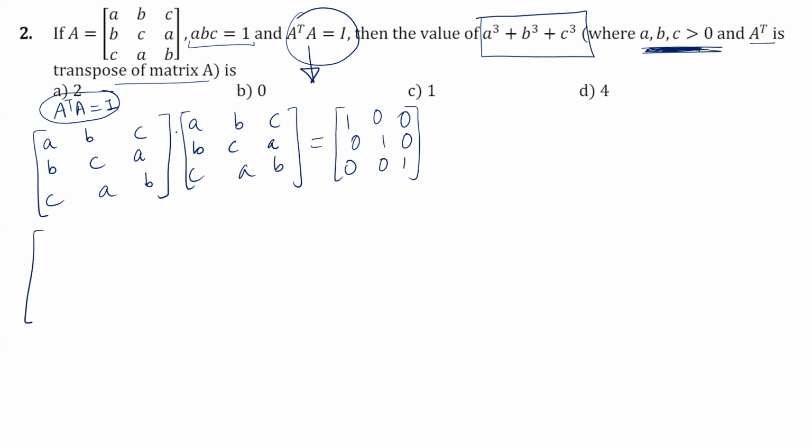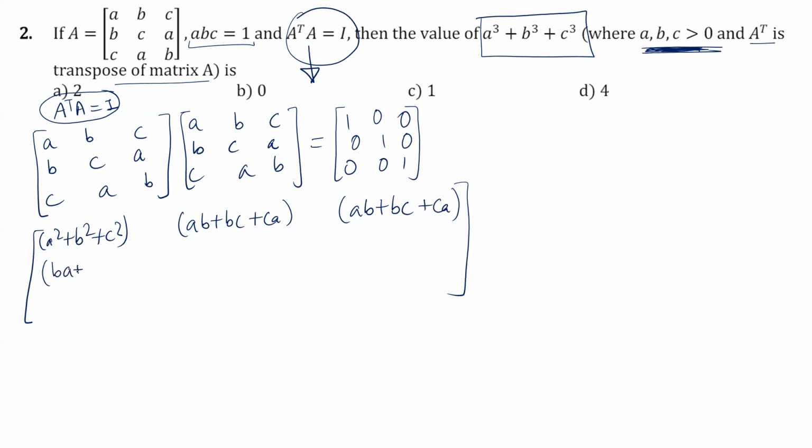So let us try to find the first term. This will be a square plus b square plus c square. And if you multiply first row with second column, you will get ab plus bc plus ca, and similarly here also ab plus bc plus ca. Here b, c, a and a, b, c, so this will again be ab plus bc plus ca. This will be a square plus b square plus c square.